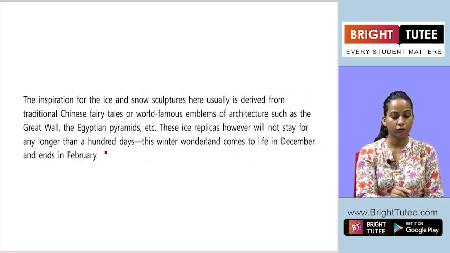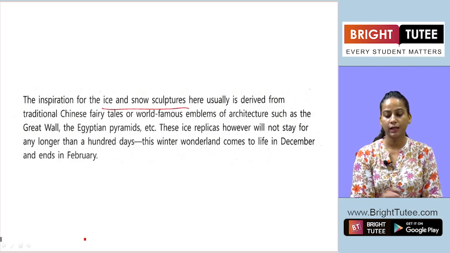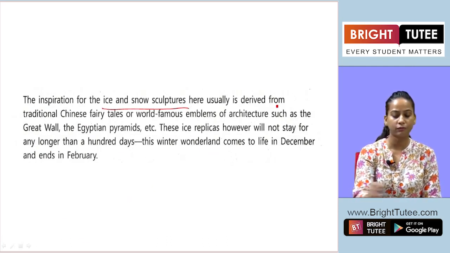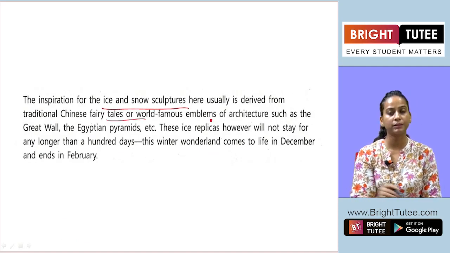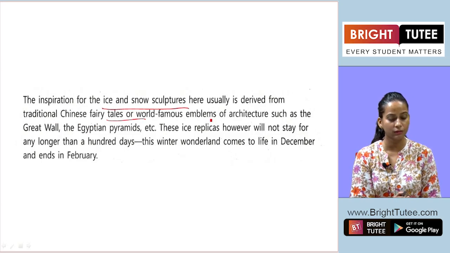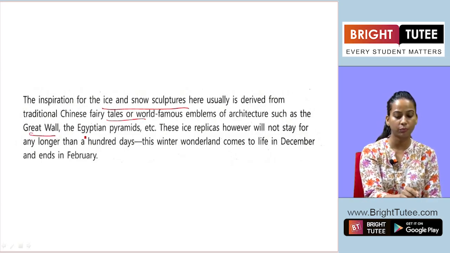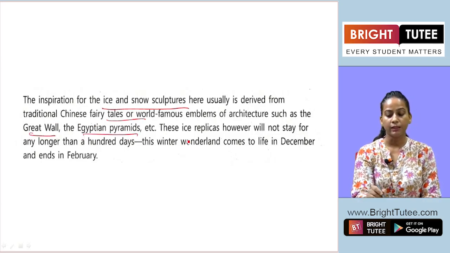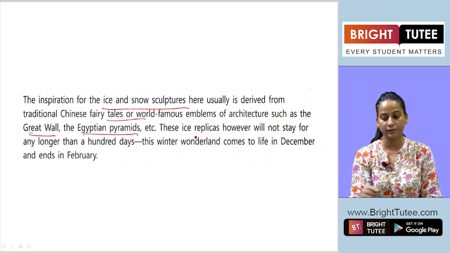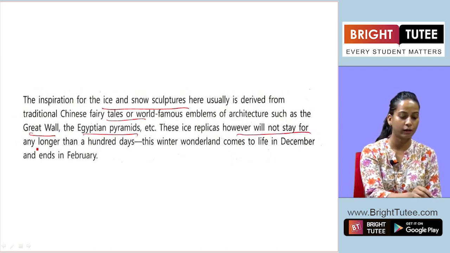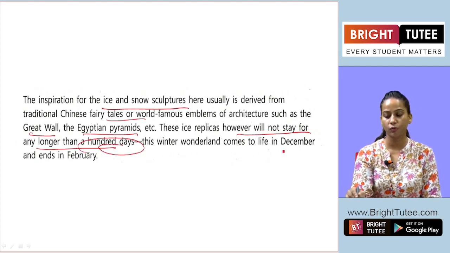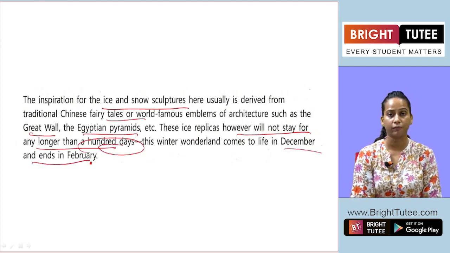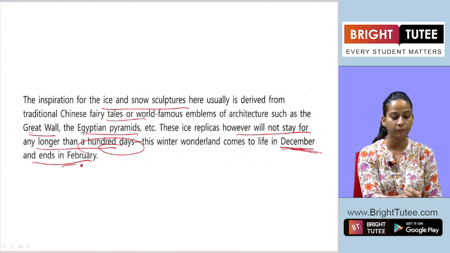The inspiration for the ice and snow sculptures here usually is derived from traditional Chinese fairy tales or world famous emblems of architecture such as the Great Wall, the Egyptian pyramids, etc. These ice replicas, however, will not stay for any longer than 100 days. This winter wonderland comes to life in December and ends in February. So this information also you have to keep in mind.